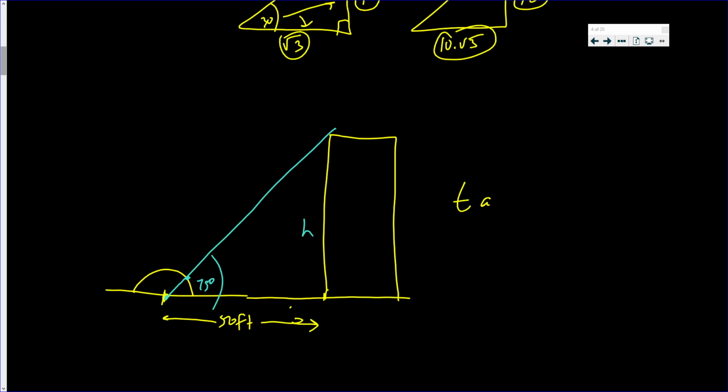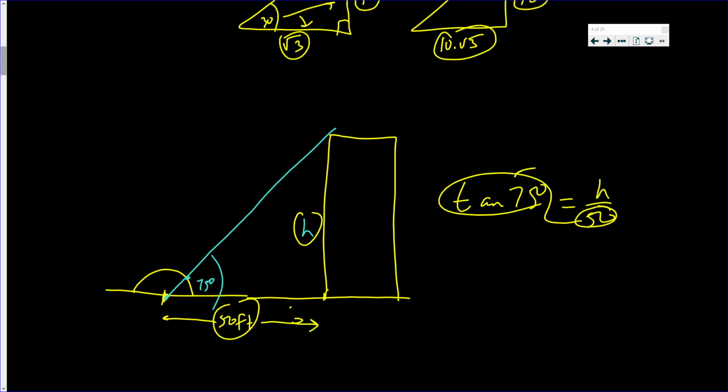So, tangent of 75 degrees is equal to the opposite over the adjacent. It's h over 50. But this times that always equals the top. So 50 times tangent of 75 degrees is h. Go and get your calculator. Calculate 50 times the tangent of 75 degrees, and you have the height.